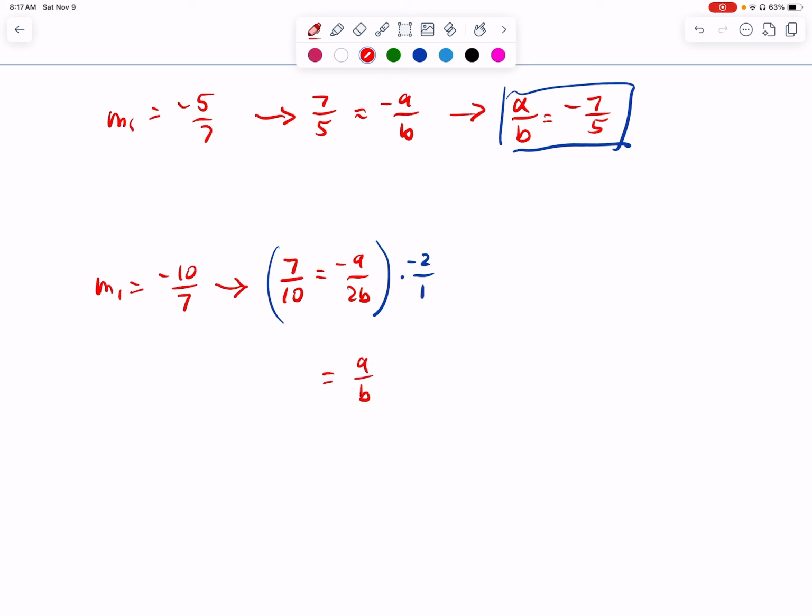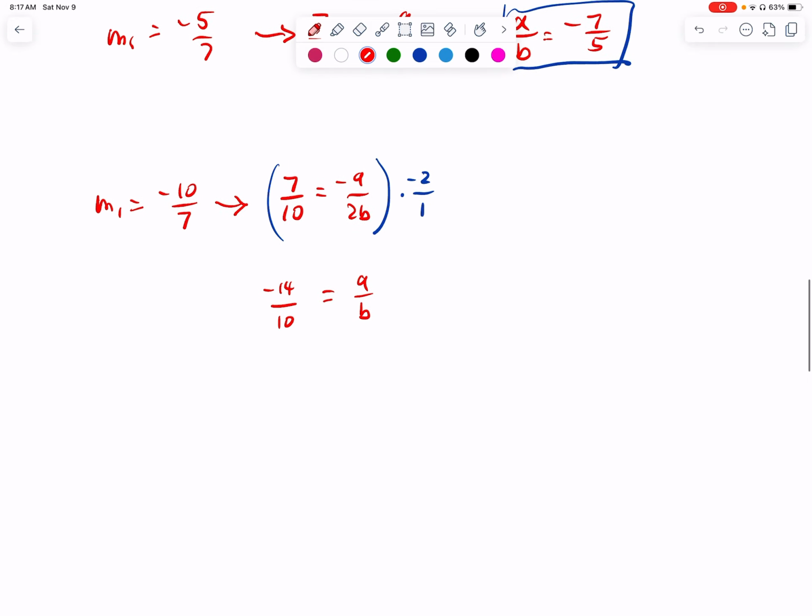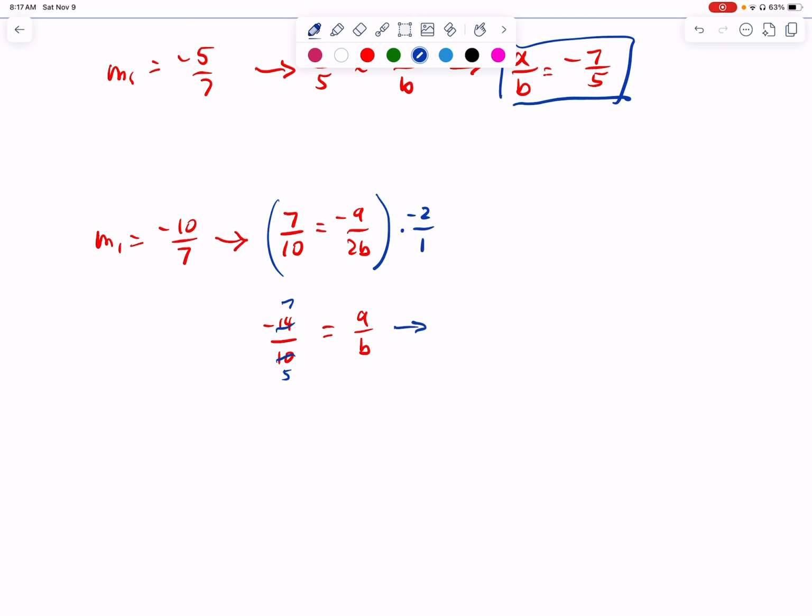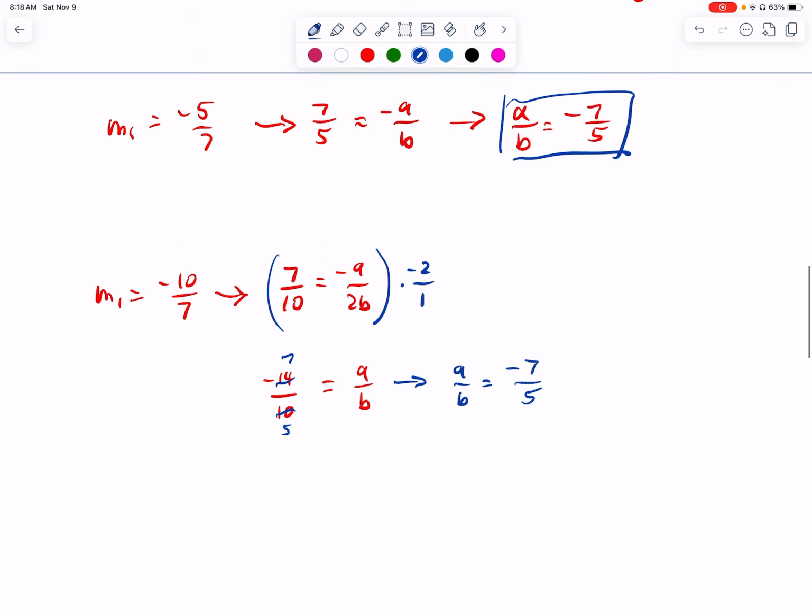And then on the right-hand side, it'd be 7 times this negative 2, and then 10 times 1, it is negative 14 over positive 10. And then if I reduce that by a factor of 2, I would have a 7 up here and a 5 right there. Ooh, that looks like exactly what we were looking for. A over B is equal to a negative 7 over 5.